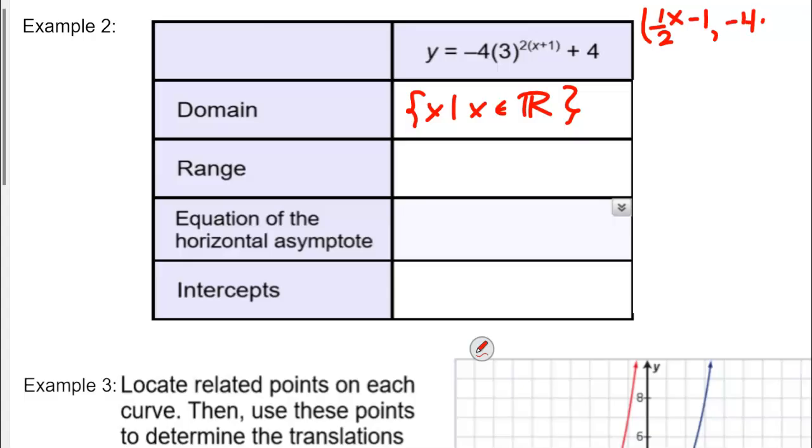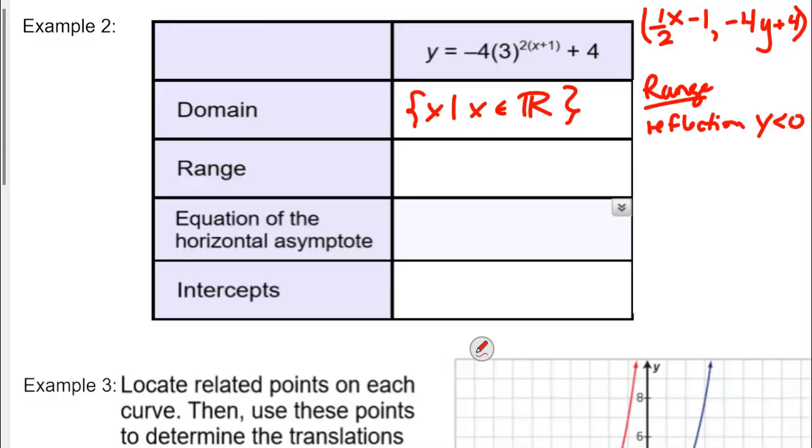So -4 times y and +4 up. Okay, so we see our regular graph has a range of y is greater than 0. And this entire graph is then going to be reflected. So if we consider the range and the reflection will turn the domain to be y is less than 0, right?